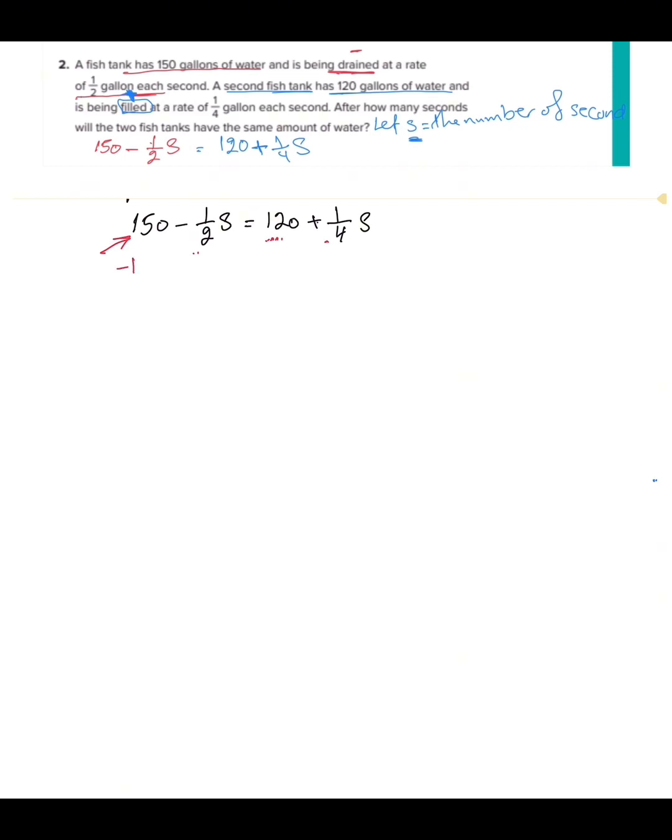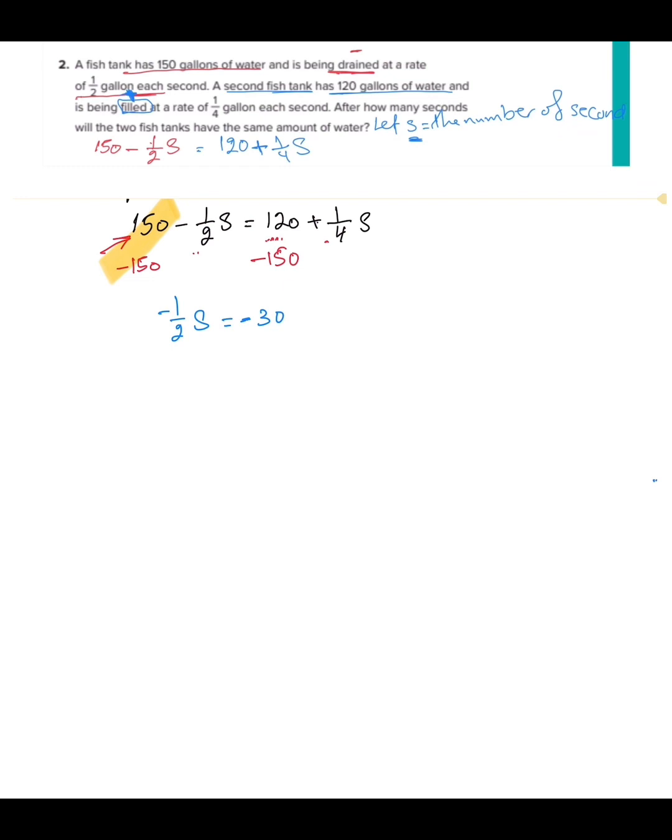I will start with minus 150 on both sides. In the first part we don't have this one because it is 0, so we only have minus half s equals 120 minus 150, which is minus 30.